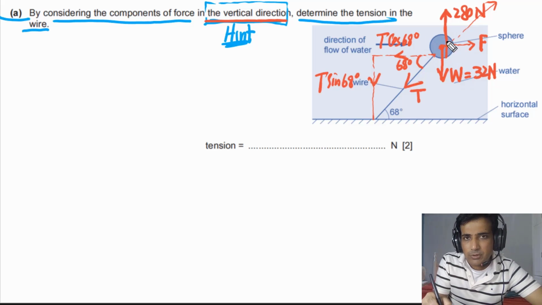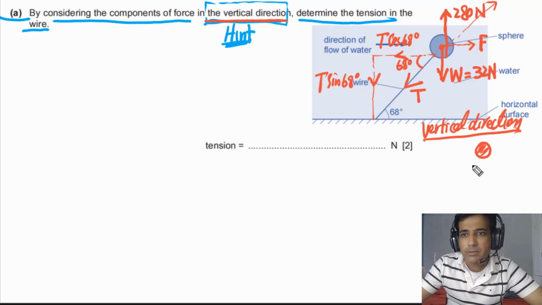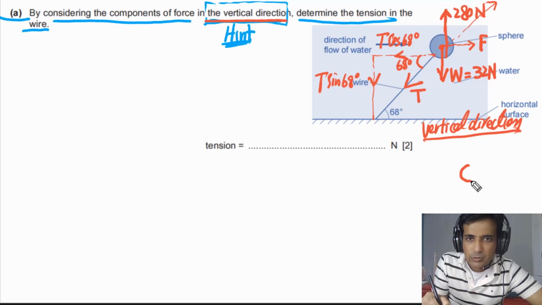Now if we take this sphere, I will redraw it here and only draw the forces acting on this sphere along the vertical direction. If you look at this sphere, you will see there are only three forces acting on it.